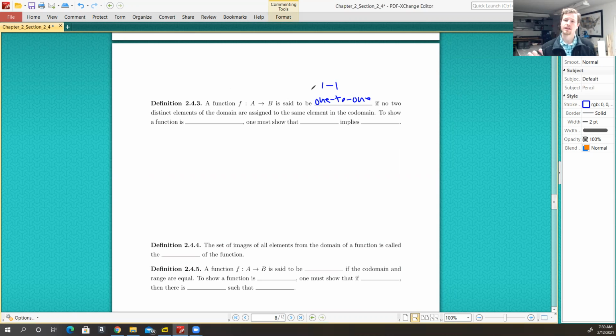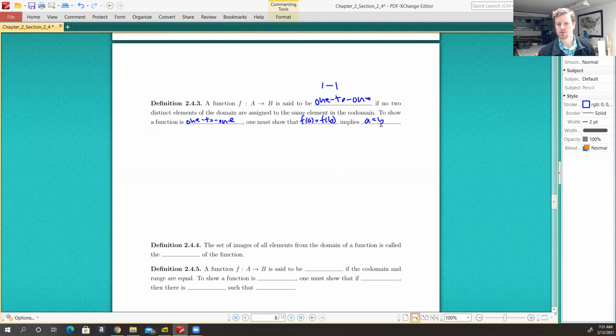All right, we'll look at a nice image of this in just a moment. And to show a function is one-to-one, one must show that the outputs being equal, f of a equals f of b. So if two elements are assigned to the same element in the codomain, then those two elements would actually have to be the same thing if it's one-to-one.